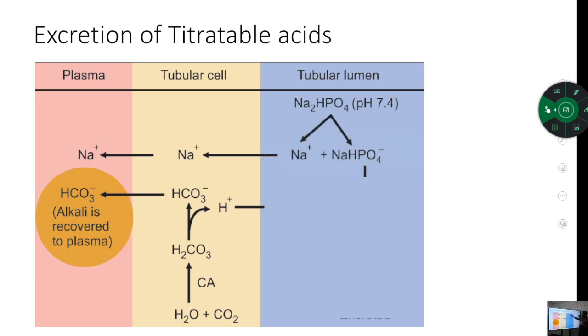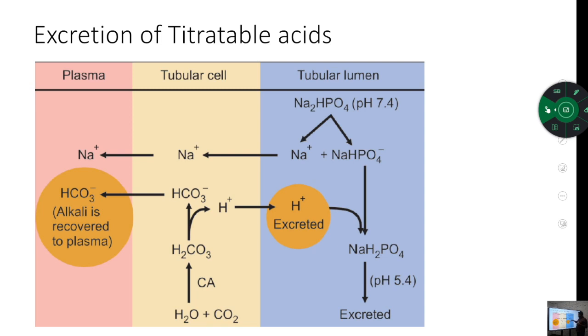Now here the filtered component shown is disodium hydrogen phosphate, Na2HPO4, and as you can see, the pH given is 7.4. This dissociates into Na plus and NaHPO4 minus. Na plus will cross that side and H plus will come this side due to the symporter function. And this H plus will combine with the NaHPO4 minus to form NaH2PO4.